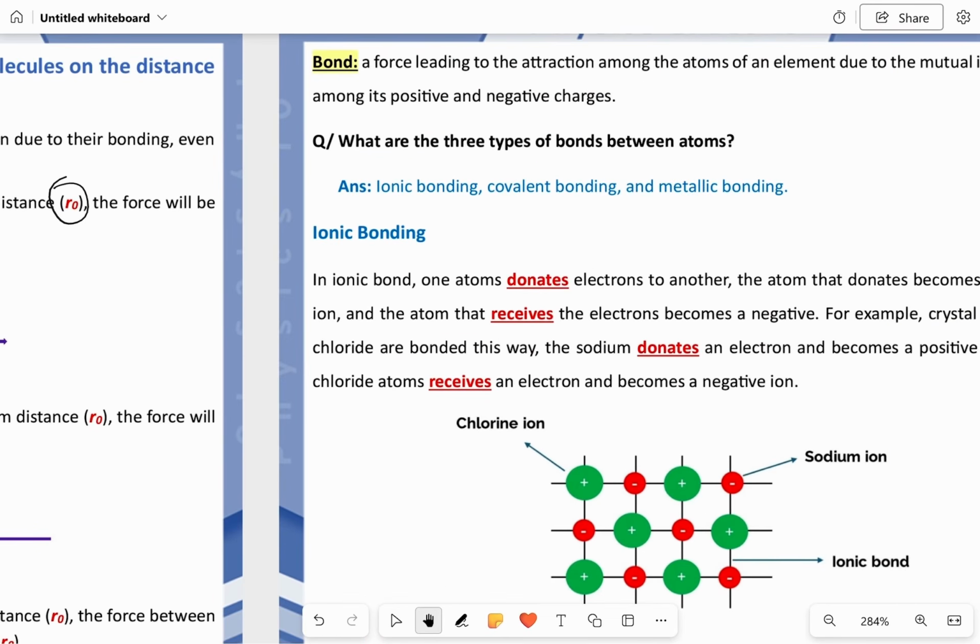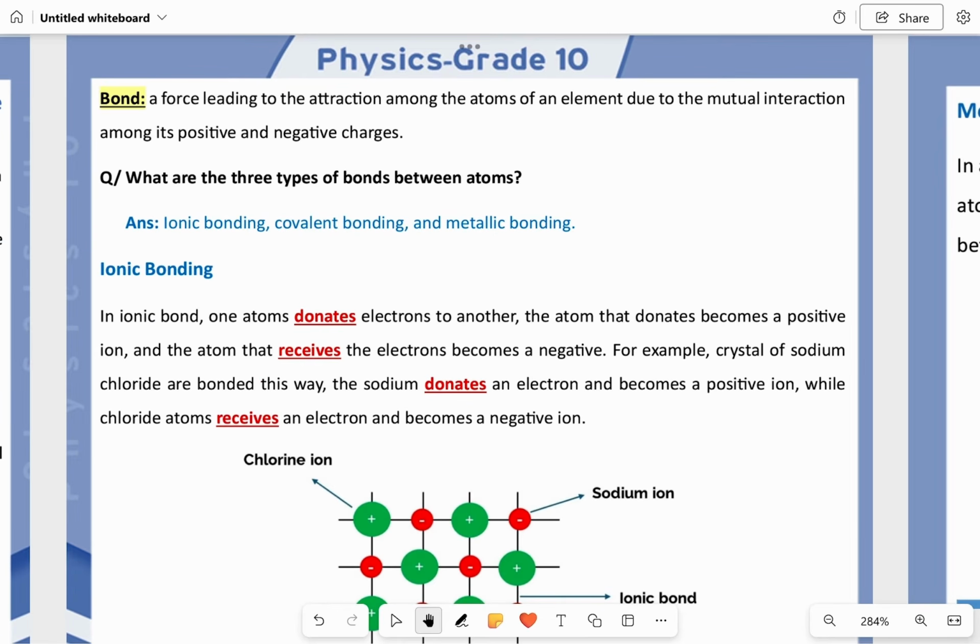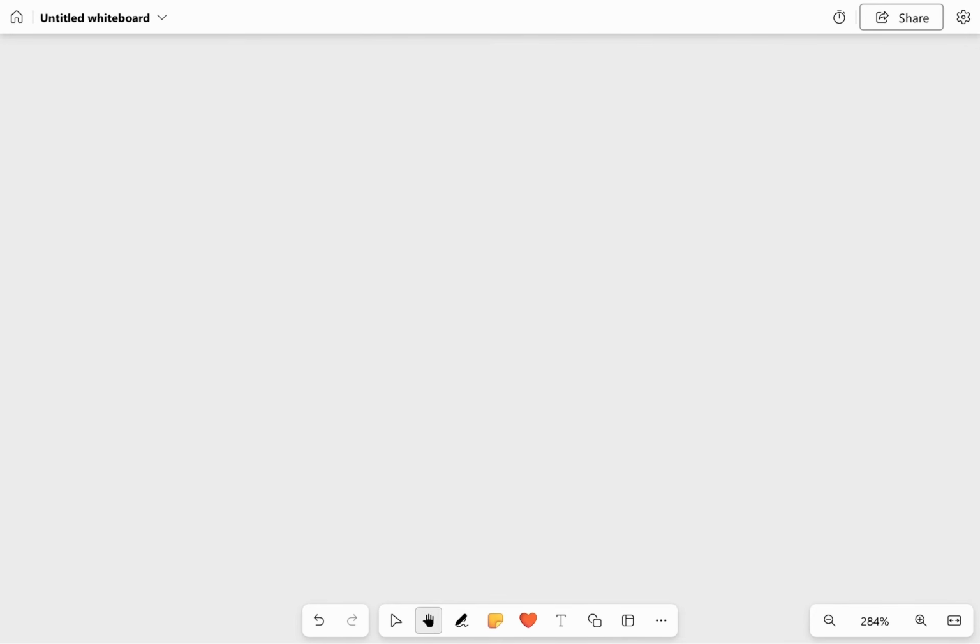We have bonds. A bond is a force leading to the attraction of the atoms. We have three types of bonds. We have ionic, the first one.